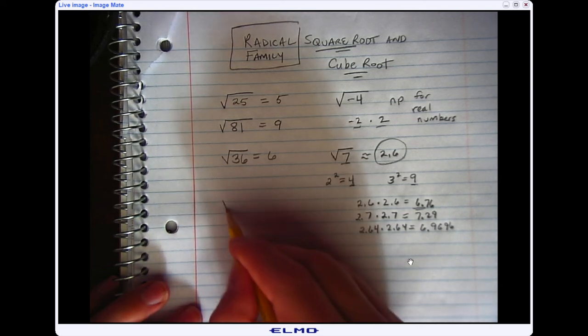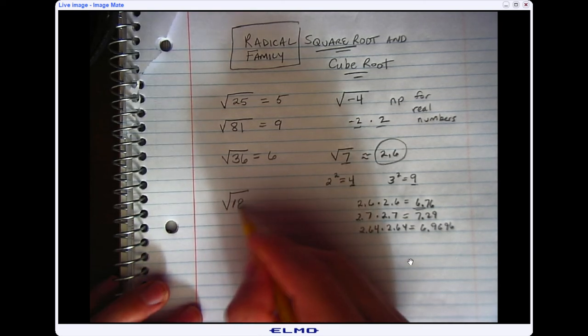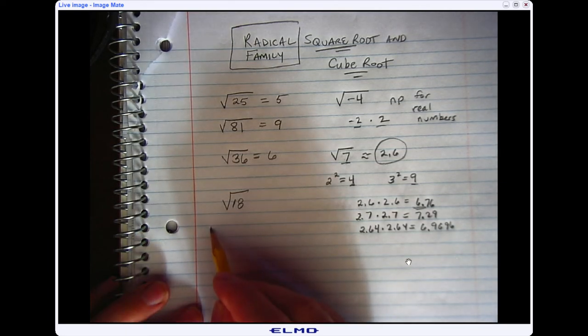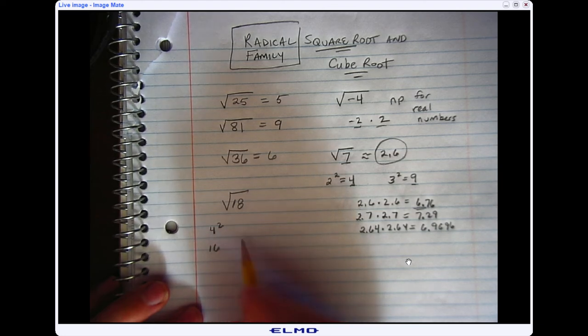If I did the square root of 18, let's say, again, I'm looking for what two whole numbers this is going to be between. 4 squared is 16, and 5 squared is 25. So 18 is between 16 and 25, and it's a little bit closer to 16 than 25. So I want to choose a number that's closer to 4.